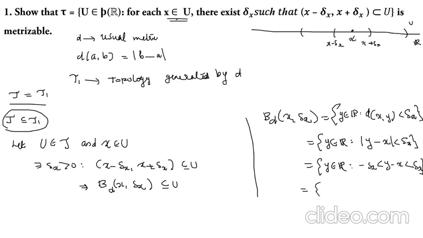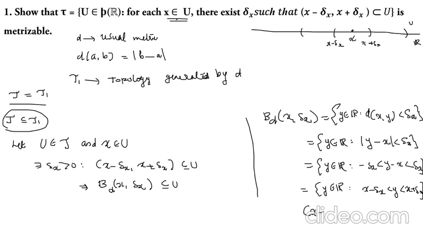So this will be equal to the set of all y belonging to R such that x minus delta_x is less than y less than x plus delta_x. So this open ball consists of all those y values in between x minus delta_x and x plus delta_x.